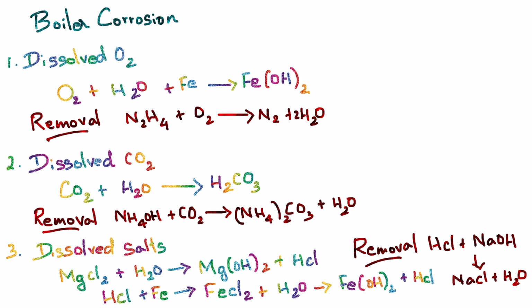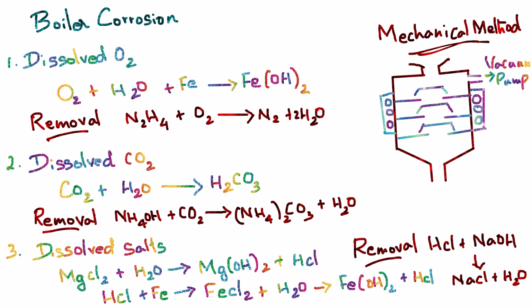Apart from this chemical method, we can also use a mechanical method by using a mechanical deaerator. It consists of a tower with perforated plates inside, and it is connected to a vacuum pump, and outside it has a jacket which is heated to a high temperature, so the condition here is high temperature and low pressure.